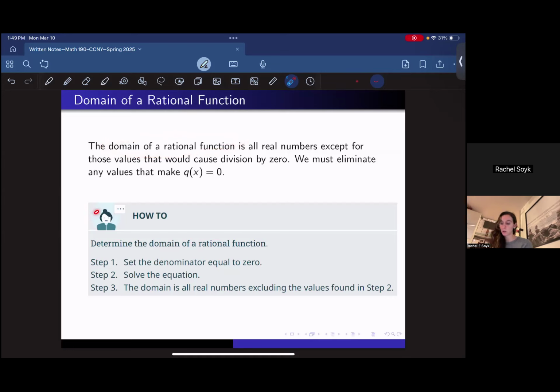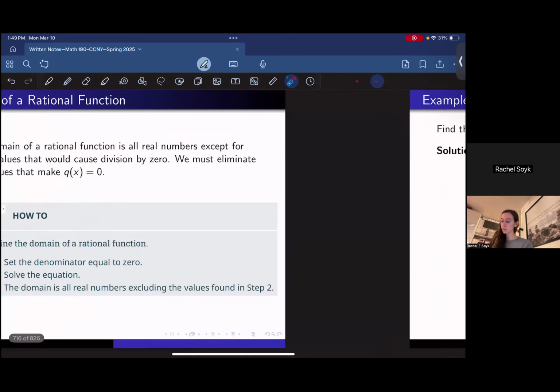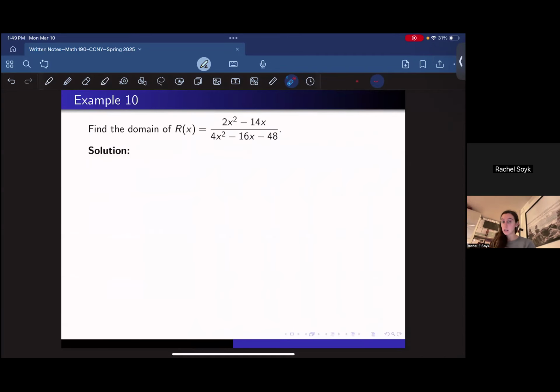Okay, and then these are the formalized step-by-step procedures in determining a domain of a rational function. So let's look at example 10, where we're asked to find the domain, aka first, let's find our restrictions so that we can exclude them.